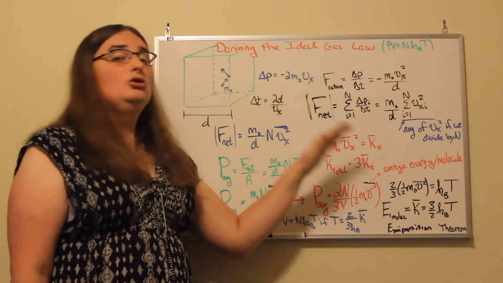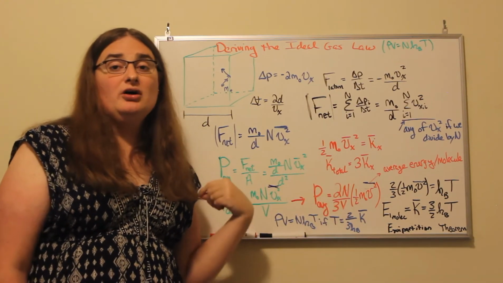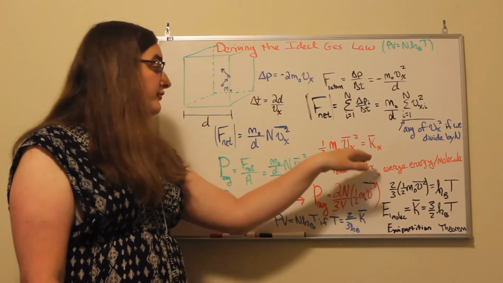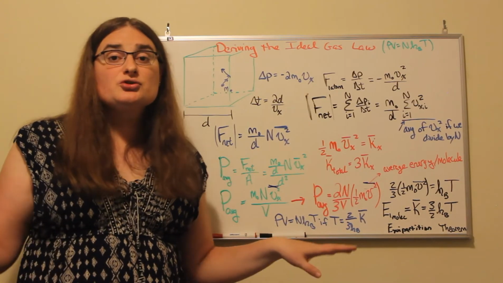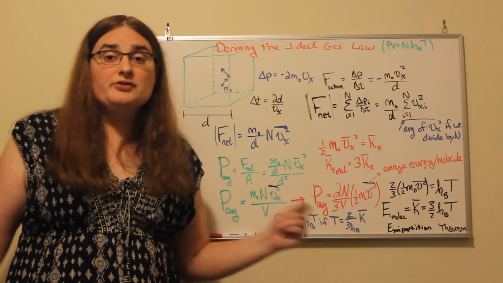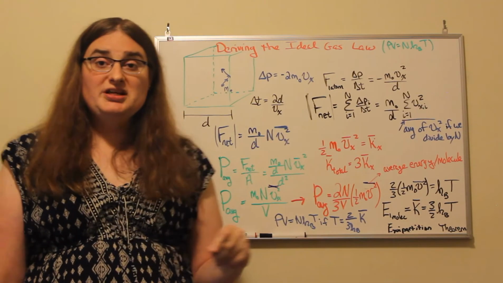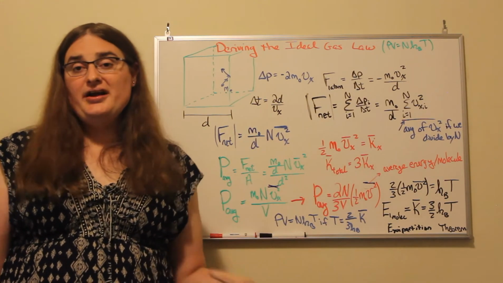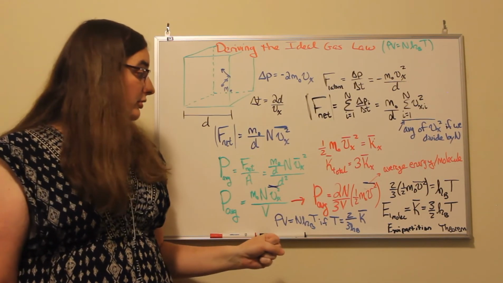And now we are at what we call the thermodynamic definition of temperature. For the case of an ideal gas, because there's no other reactions other than those collisions, there's no source of potential energy, this kinetic energy is the energy of the gas, period.